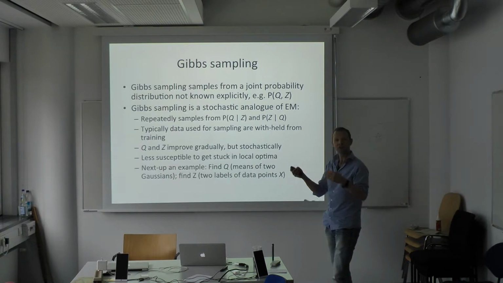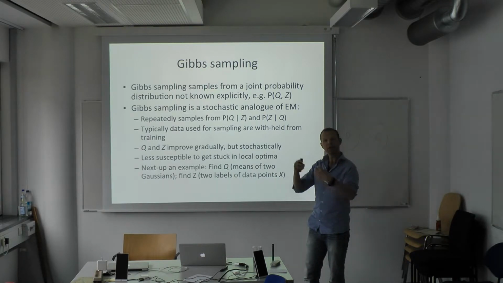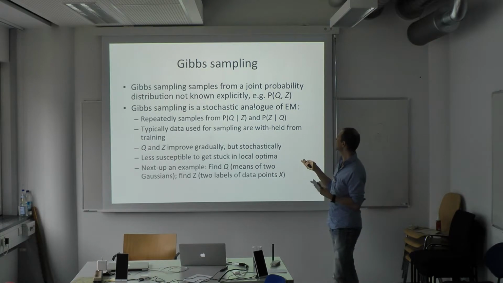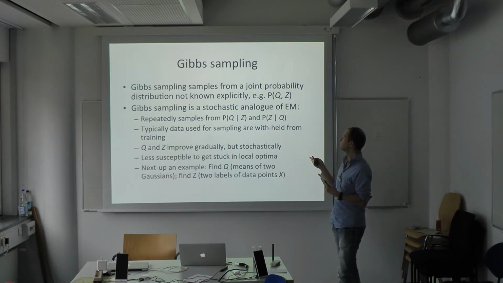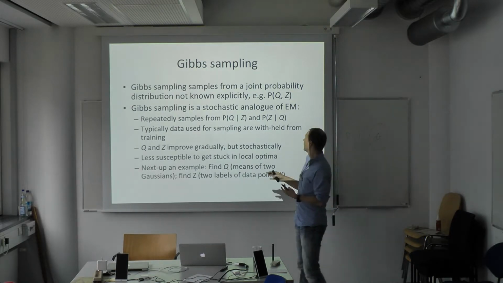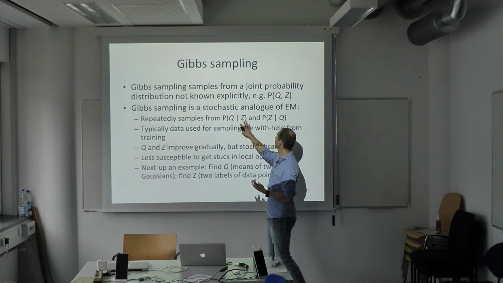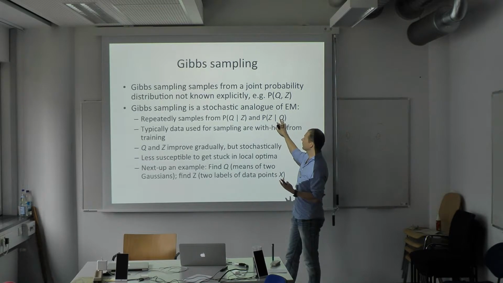It establishes the beliefs in each of the values that we predict, whereas this one will sample this joint probability distribution, and we'll see how in a moment. So Gibbs sampling is a stochastic analog of expectation maximization. It repeatedly samples from these two conditional probabilities: the probability of the model given the labels and the probability of the labels given the model.